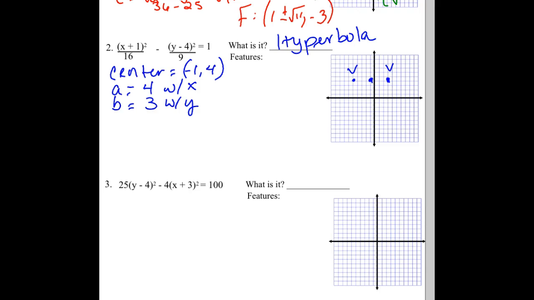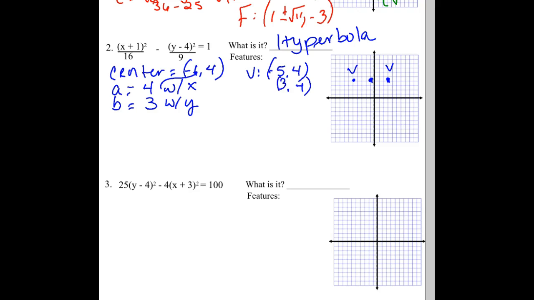Okay. So what are my vertices? What are the coordinates? Okay, so I'm going to add and subtract 4 from that X coordinate. So -1 minus 4 would be -5, comma 4, and -1 plus 4 would be 3, 4.